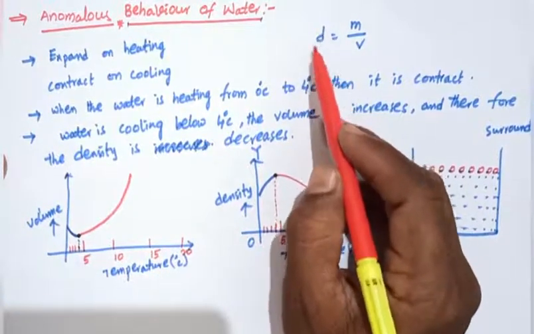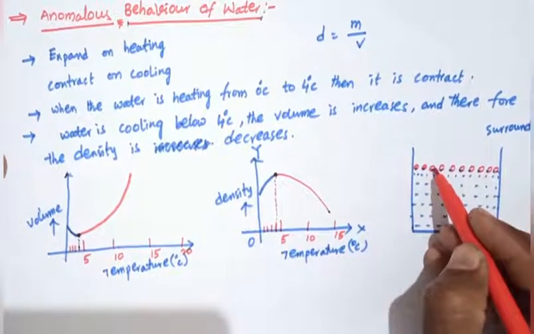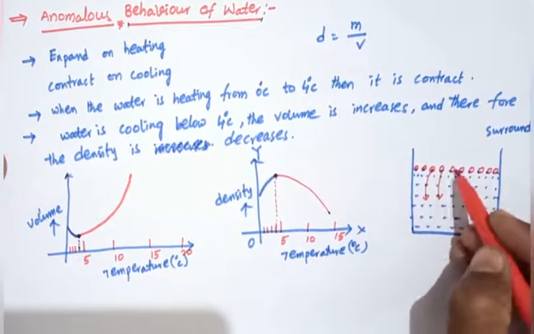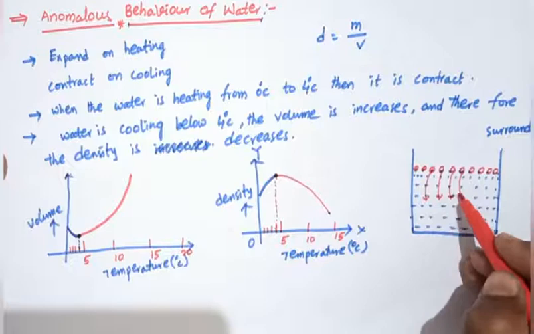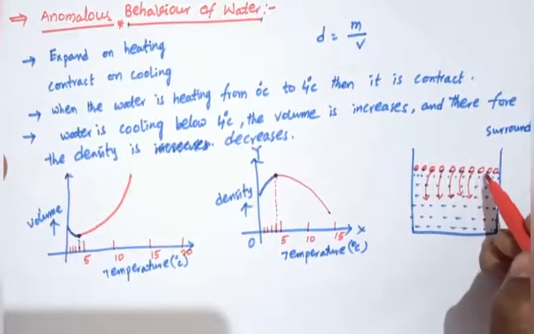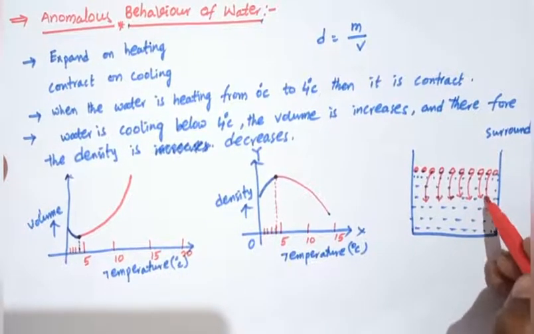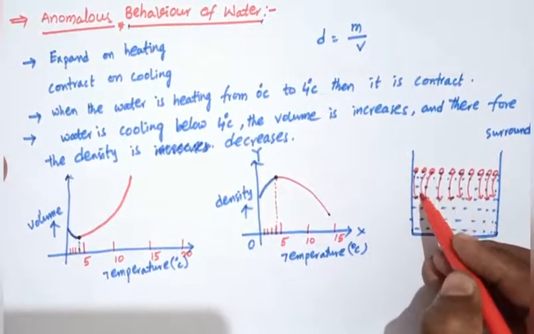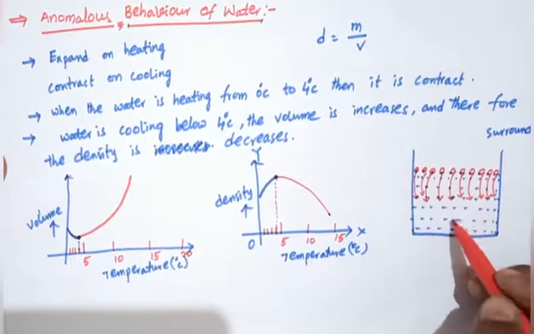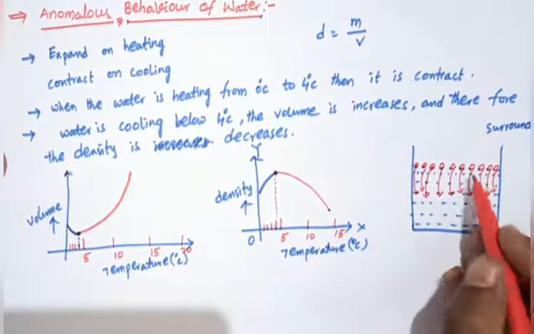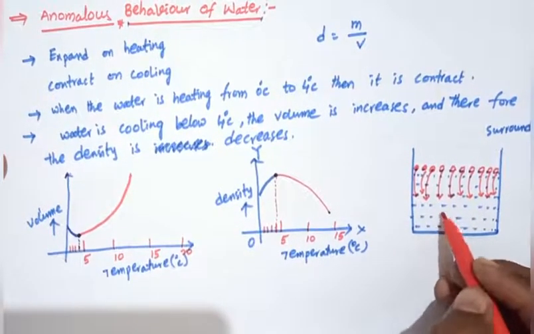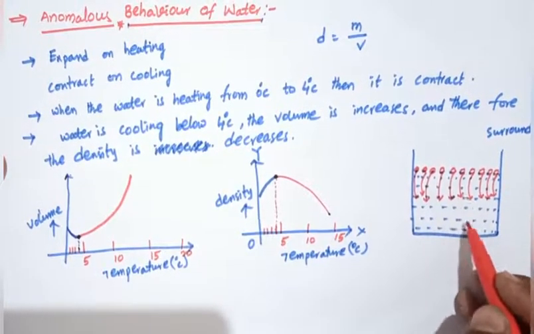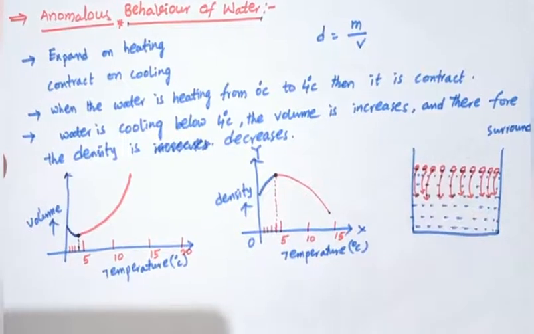When the density increases, the particles sink to the bottom, and the water molecules below, which have lower density, move in the upward direction.